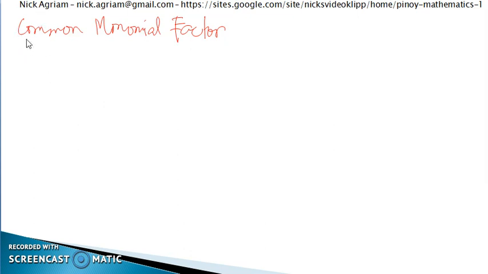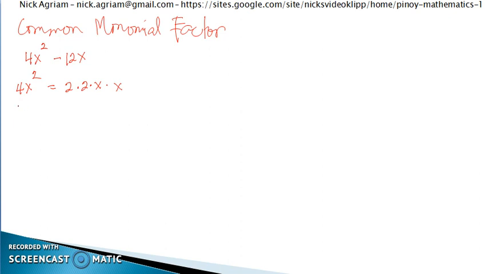So for example, I have a binomial, 4x squared plus 12x. These are products, and they consist of 2 terms, so it is a binomial. What I want to do is factor 4x squared, and that is 2 times 2 times x times x.